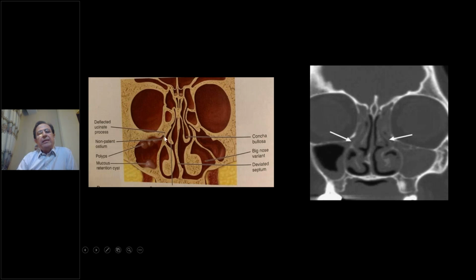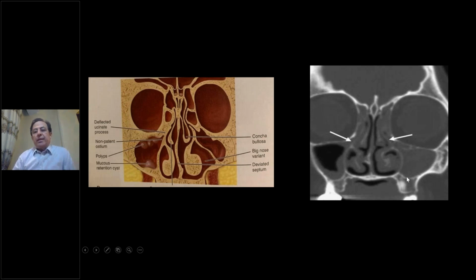If the patient has non-patency of this osteomeatal complex, there is a greater chance of infection in the sinus. There is a CT scan of an ostium that is not patent, and you can see the inflammation throughout the maxillary sinus.